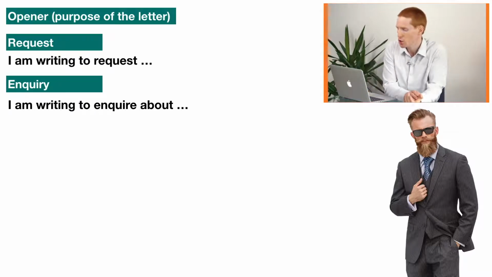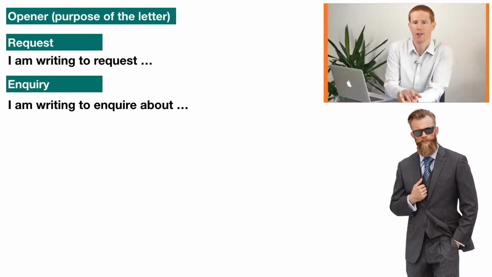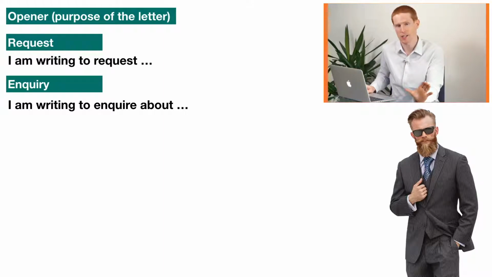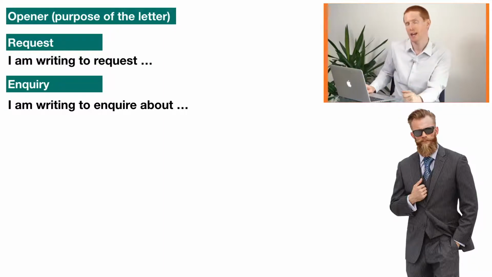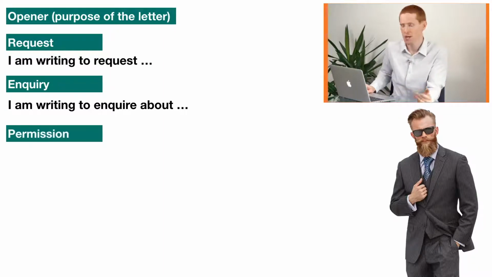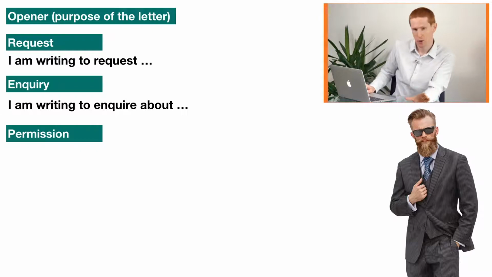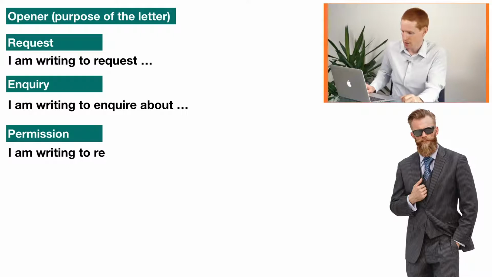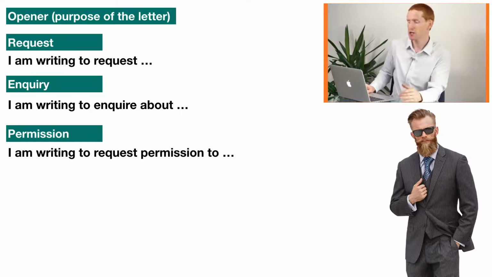I'm writing to inquire about, and then what your inquiry is. Another very common question type in task 1 is to write a letter asking for permission to do something. So your letter could start something like this. I'm writing to request permission to, and then what you're requesting permission to do.